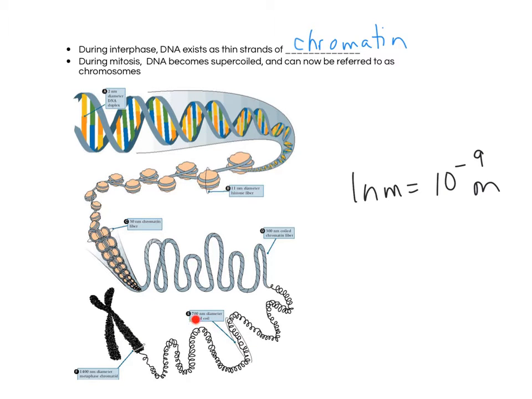We're seeing it increase in size, so that's becoming more and more visible at 700 nanometers. And then eventually, if we're looking at one of the sister chromatids in our chromosome at metaphase, we're looking at about 1400 nanometers. So small, but quite a lot bigger than it was when we're looking simply at our DNA molecule on its own.